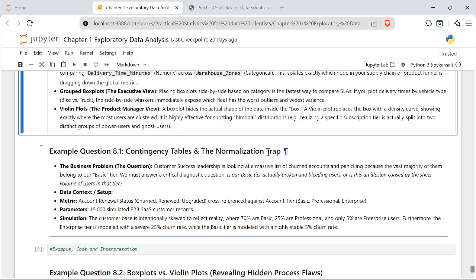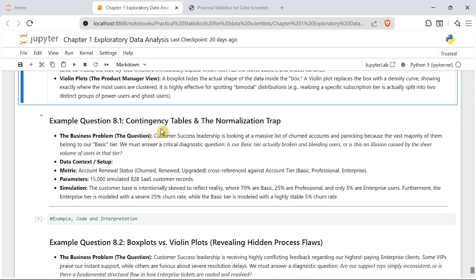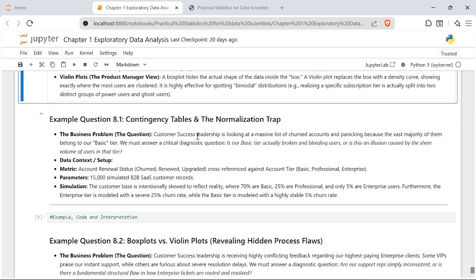So here is our question number 8.1, contingency table and normalization trap. Okay, the business problem. Imagine your customer success leadership team looking at a massive list of churned accounts and completely panicking because the vast majority of those clients belong to your basic tiers.